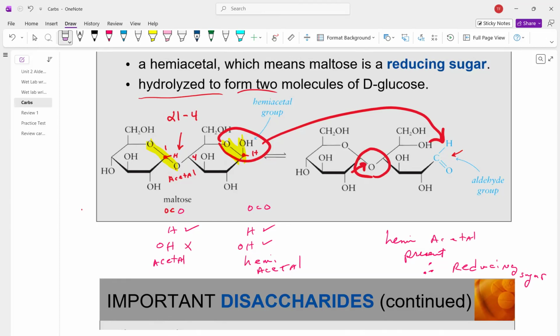Because the OH goes up, it's going to be beta maltose. Now, if you don't say whether it's alpha or beta, you're going to get dinged because it's not the correct name.